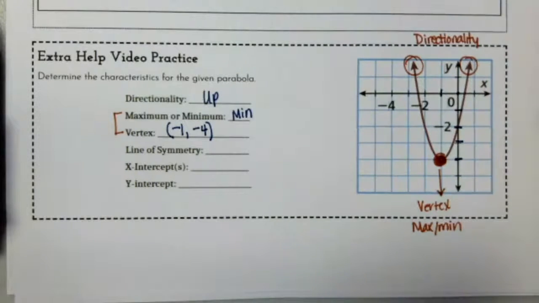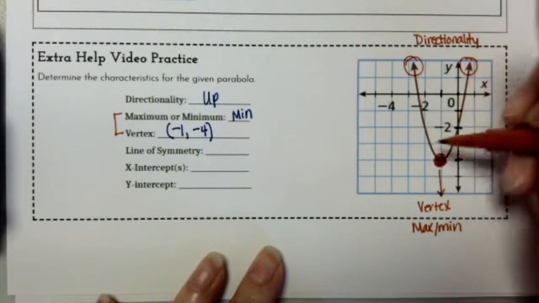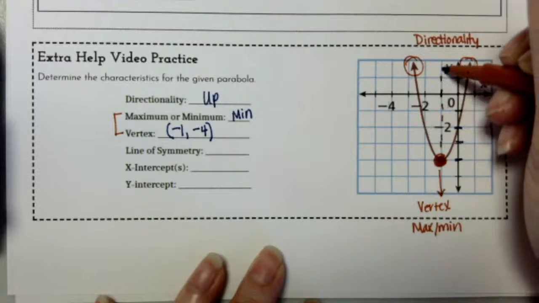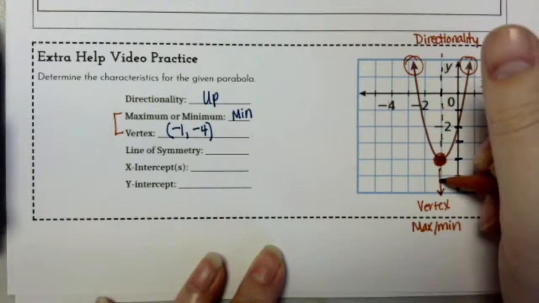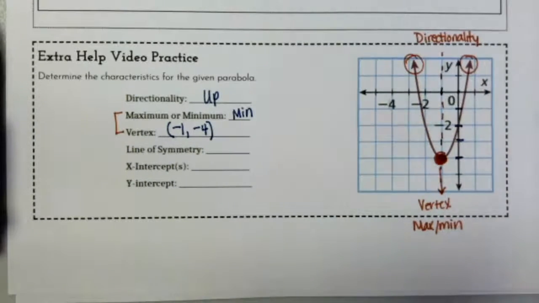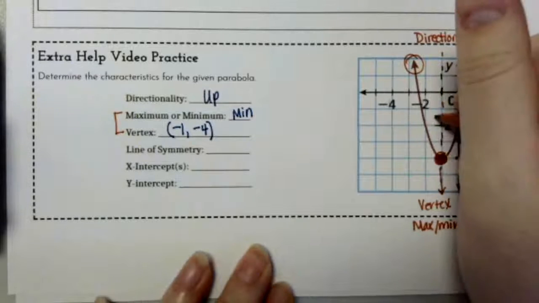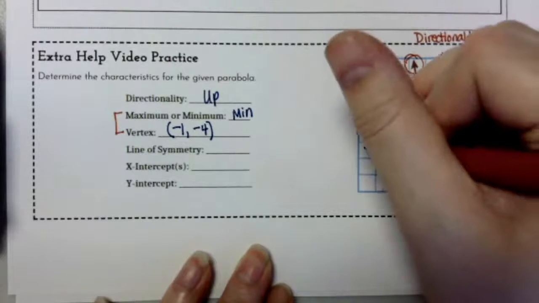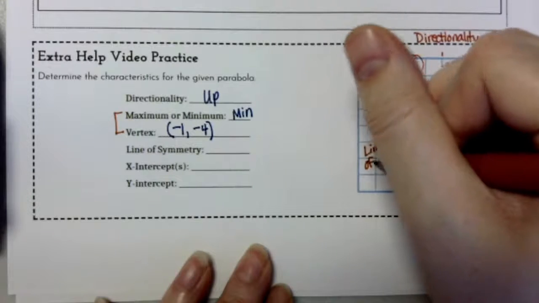Now, your line of symmetry isn't actually ever drawn in, but you do want to start at this dot to draw in your line of symmetry. And so that line right there is your line of symmetry.